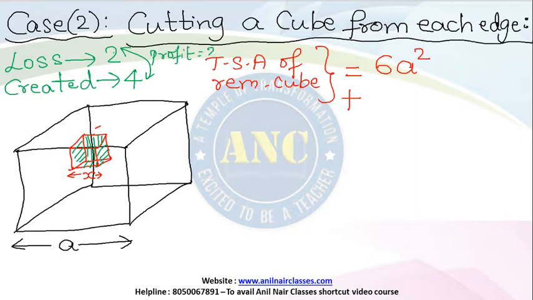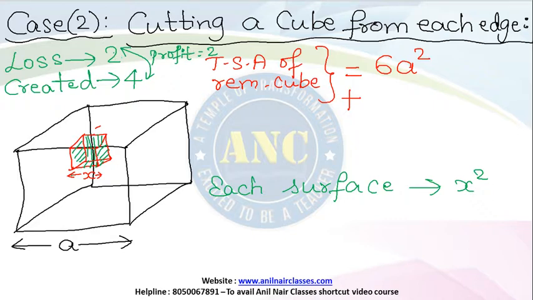There are 2 more extra squares created internally. Each surface, the area of each surface, is nothing but x square, because everything is side x in the smaller cube. So 4 minus 2, the difference is 2. That extra is what I am saying as 2.